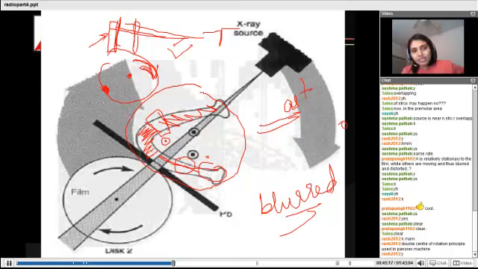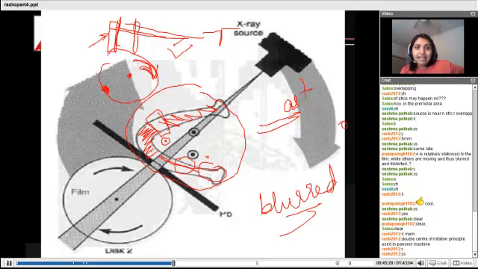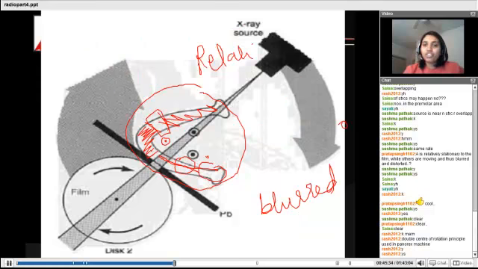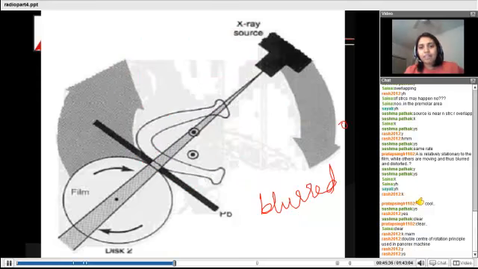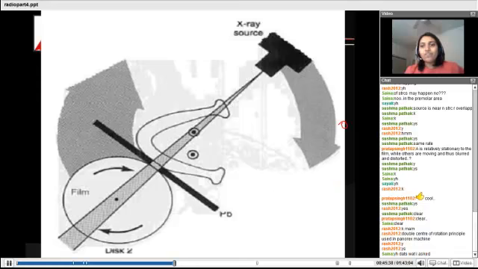So relatively, the premolar was still blurred, although not as blurred as the incisors were before. Actually, what we desire is a center of rotation that would suit every point in the mandible.